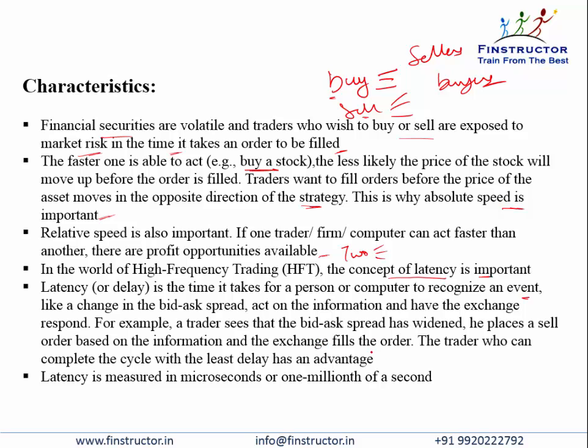The exchange will fill that order, and the trader, or the algorithm, who can complete this process with the least delay will have an advantage. Latency is often measured in microseconds, or 1/1,000,000th of a second. So that's the kind of speeds that we're talking about that these supercomputers or these programs have today.